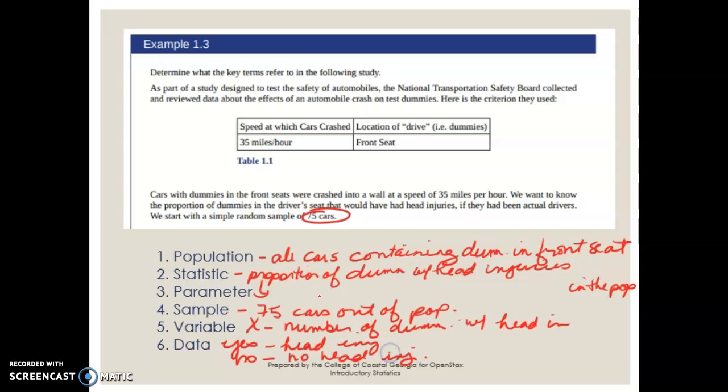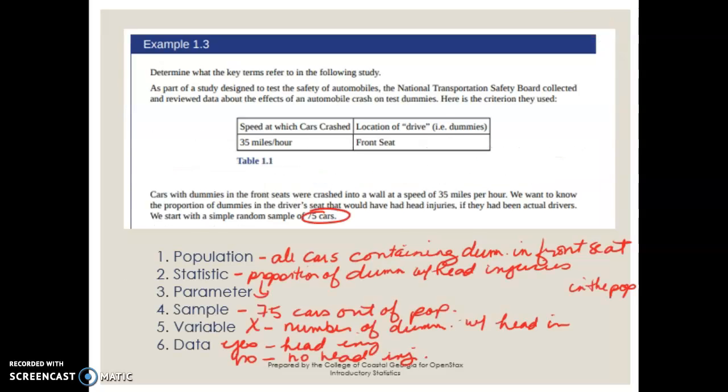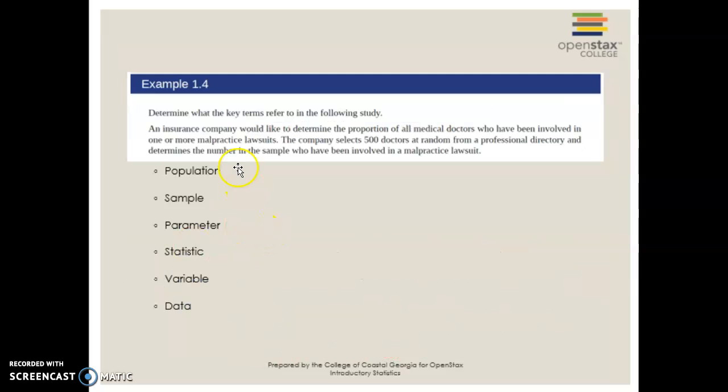Okay. A lot of these are very close to the same thing. That's why I was pointing out different words and things that would make it different, to distinguish from each other. That's the kind of thing that you need to do in all of this. So here we go, population, sample, parameter, statistics, variable, and data again.